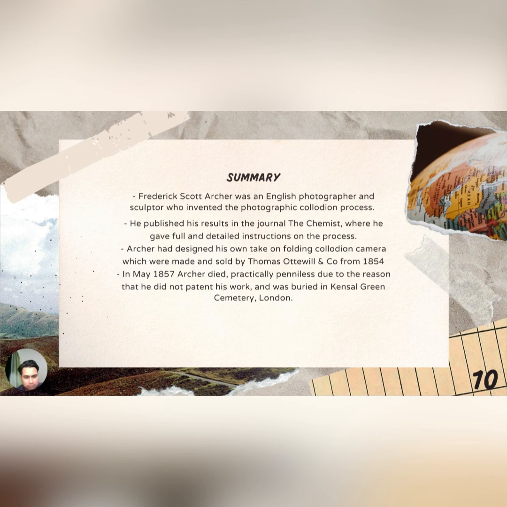Archer had designed his own take on the folding collodion camera, which was made and sold by Thomas Ottewill and Co. from 1854. In 1857, Archer died penniless due to the fact that he did not patent his work and was buried in Kensal Green Cemetery, London.